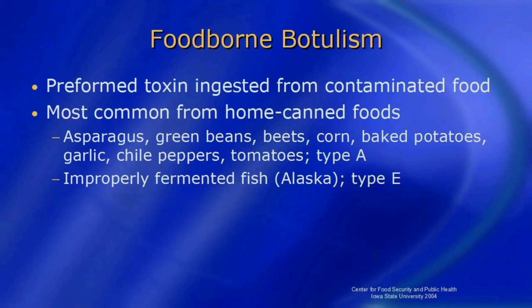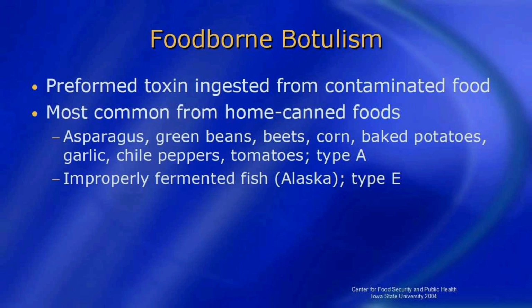Foodborne botulism occurs when the preformed neurotoxin is ingested. The most common source of the preformed toxin is contaminated food, usually from improperly home canned vegetables or fermented fish. 50% of the foodborne outbreaks in the United States of America are caused by type A toxins of this bacteria.